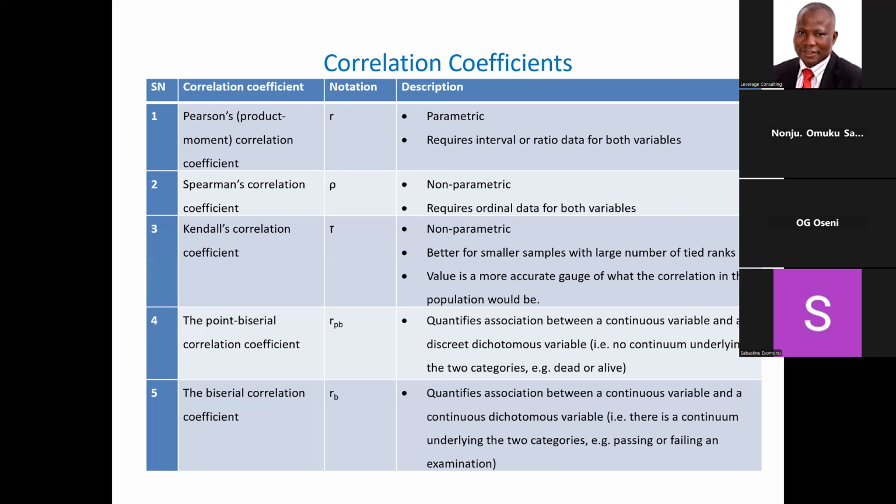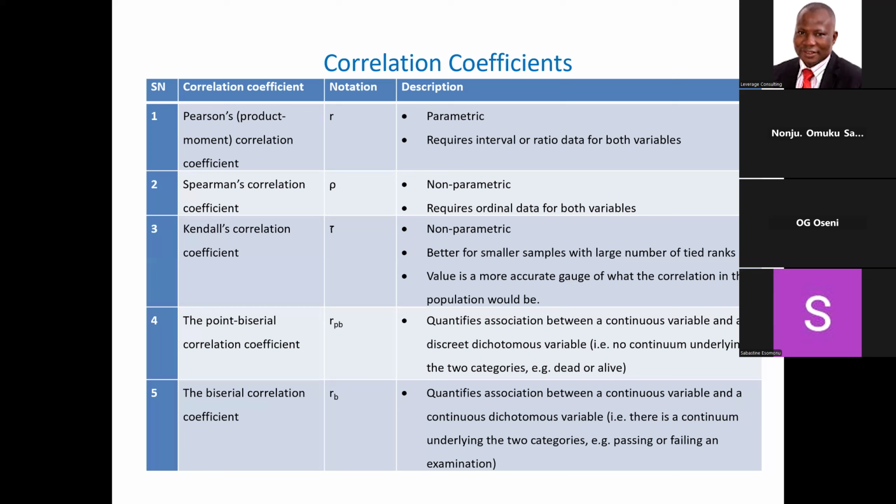When you run something, ties mean that the majority in that data set are the same, like on a scale of 1 to 5 where almost everybody is 2, 2, 2, 2, 2, disagree, or 4, agree. That's what we call ties. So when you have too much similarity, Kendall does better than Spearman.